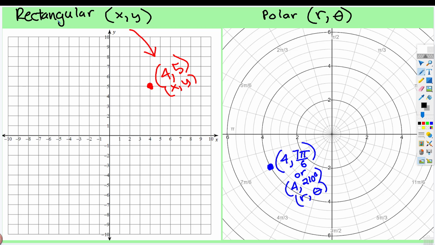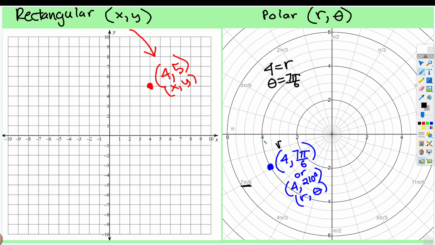So here we have just rectangular coordinates, xy, and this is the point 4, 5. That's all there is to graphing rectangular points. For polar, if we're told that our radius is equal to 4 and our theta is equal to 7 pi over 6, what you do is you go to 7 pi over 6 first, and then you count out the radius.